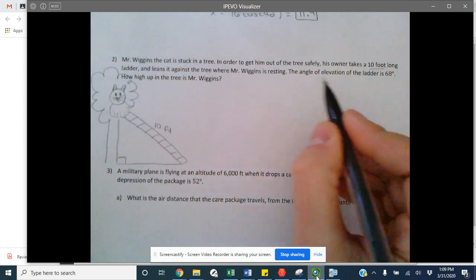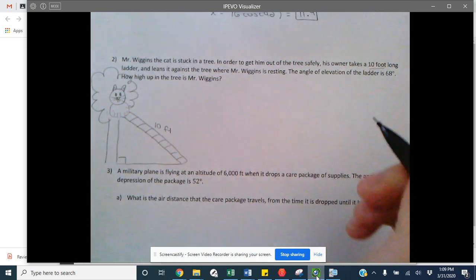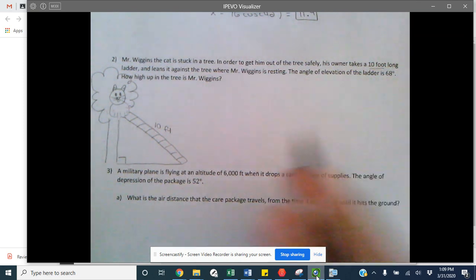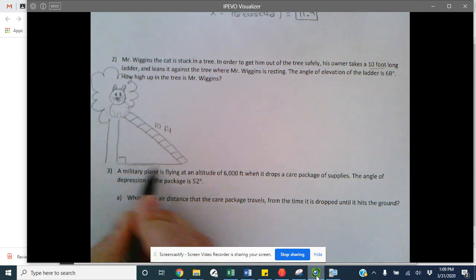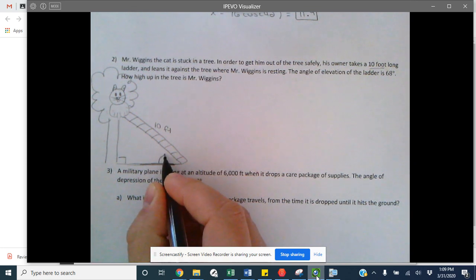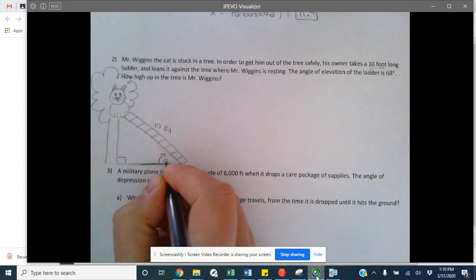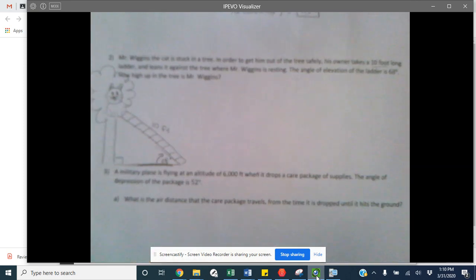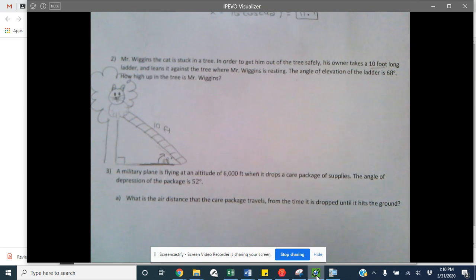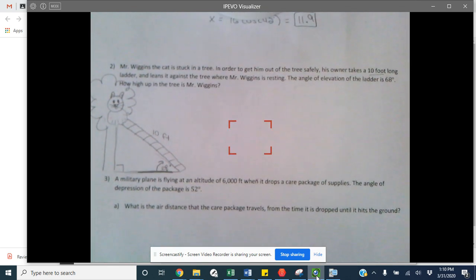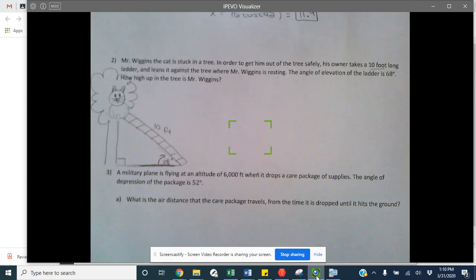So remember, angle of elevation, angle of depression is always from the horizontal. So here's my horizontal, right? And then it goes up, it's elevating. So angle of elevation from the horizontal is 68 degrees.